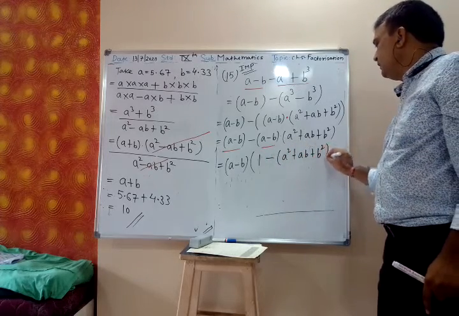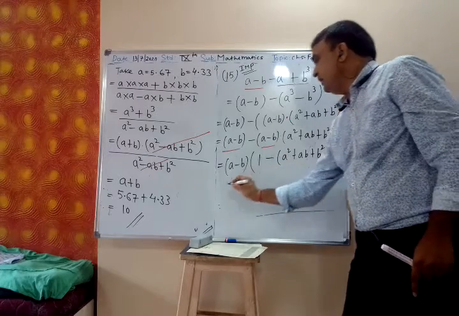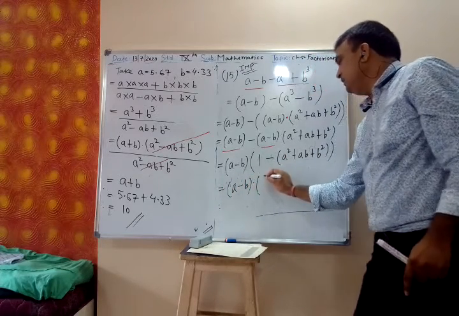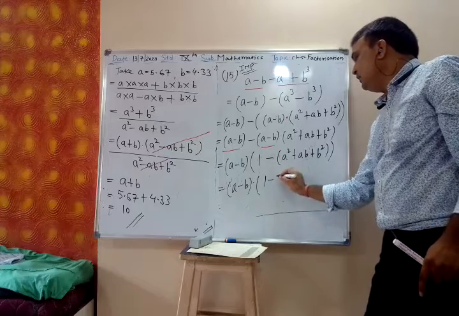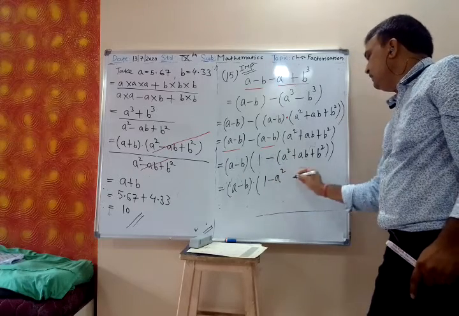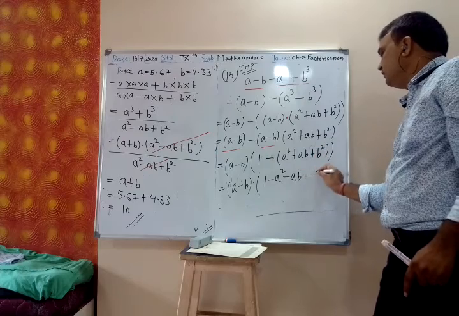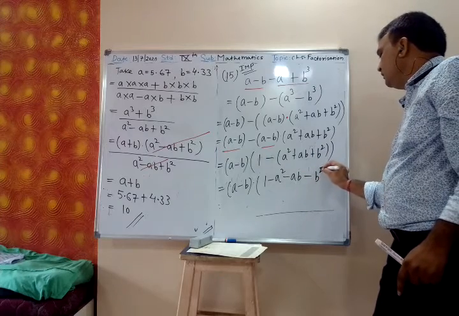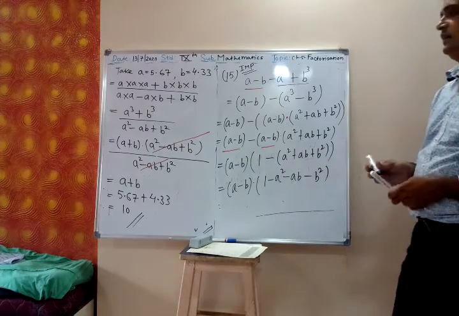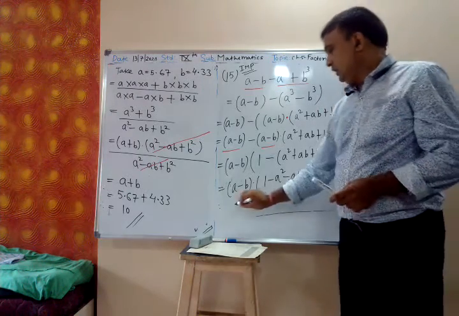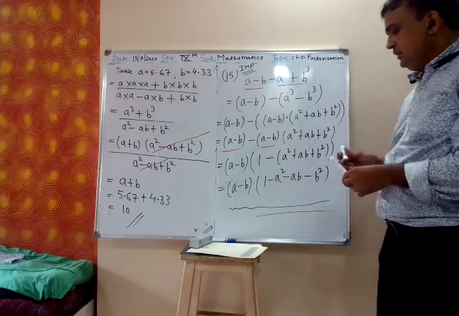Now I will open the bracket, so that is a minus. 1 minus A square, then minus AB, then minus B square.